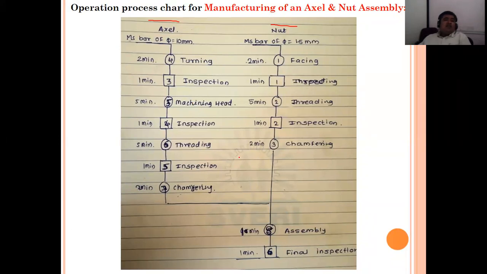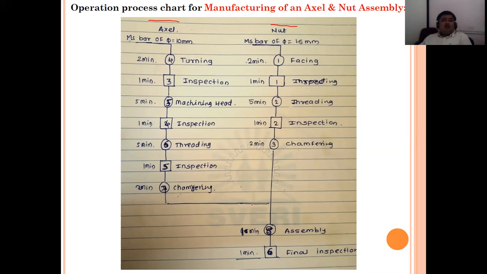So like these things are there. That means after which operation is made and which operation's inspection is going on, that is also shown here. First operation is made and first operation inspection is made. Is it right? Second operation inspection, third operation inspection, fourth operation inspection, fifth operation inspection, sixth operation, final inspection.